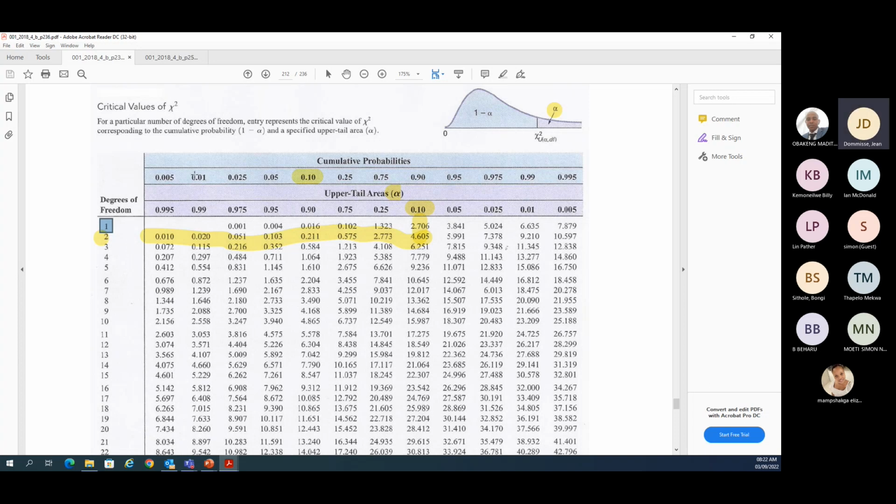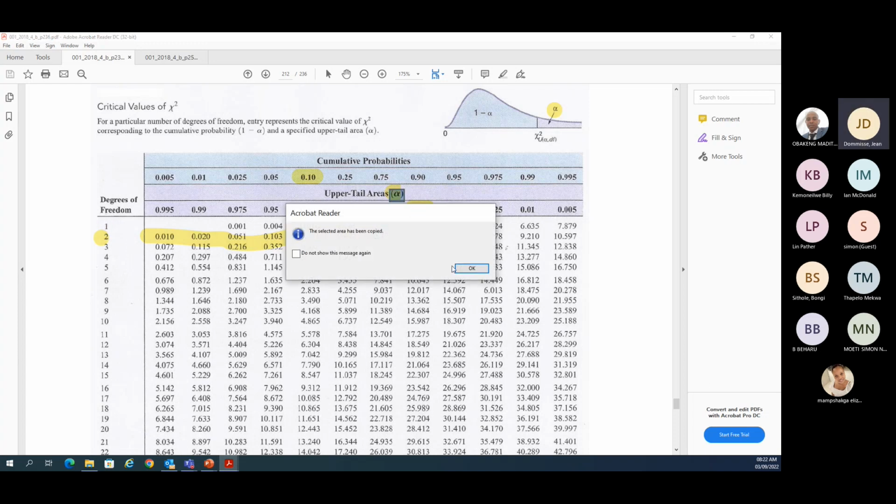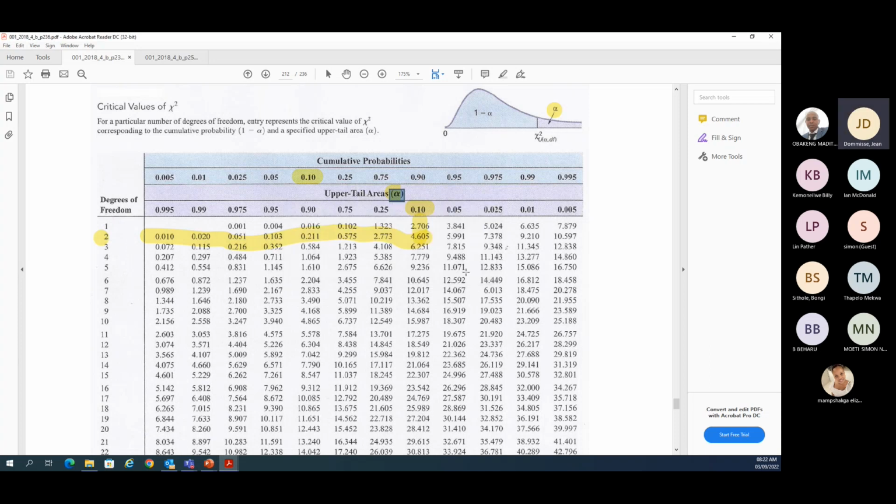I looked at the wrong one. So here, just makes it easier. Let me see if I can get a different color. Doesn't seem like it.